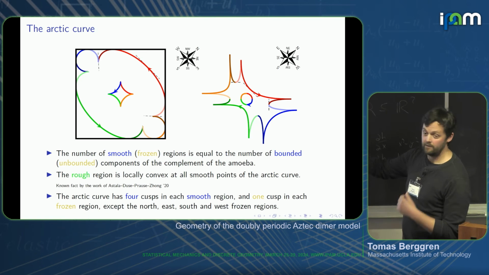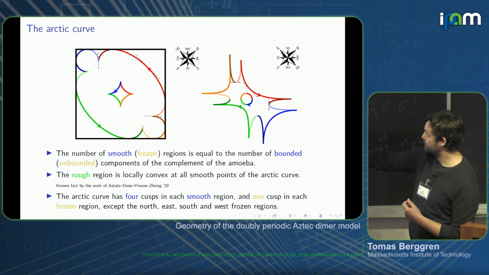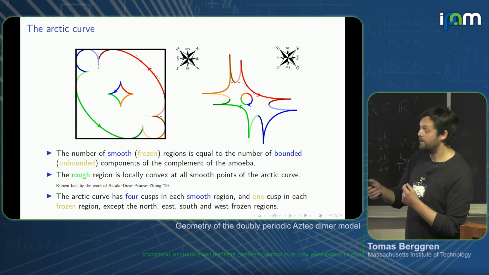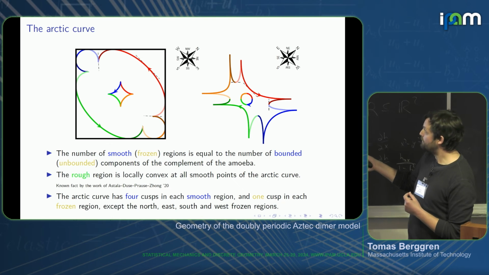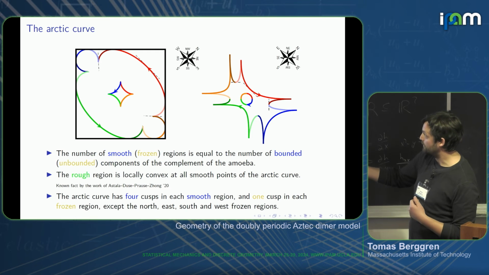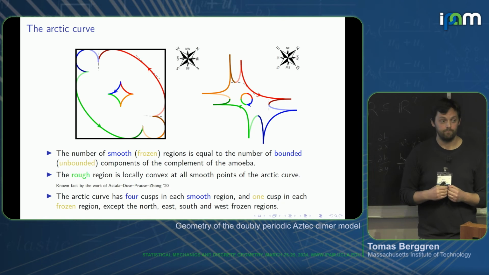The reason is exactly this reversing thing, that it preserves the tangent line but it reverses orientation. And it's known that the complement of the amoeba is convex, which then gives us that the liquid region is convex.